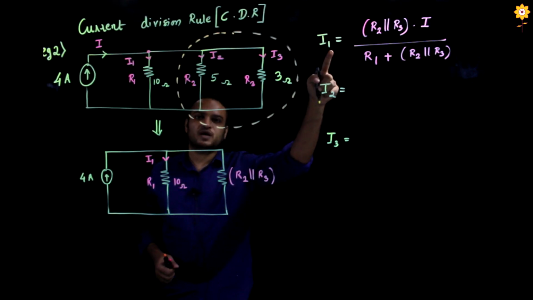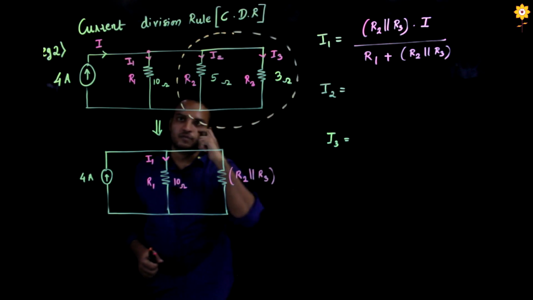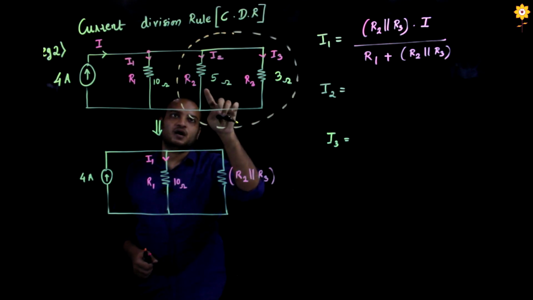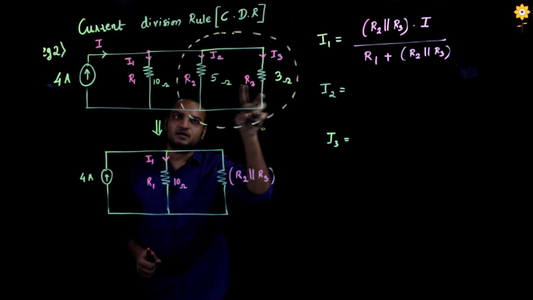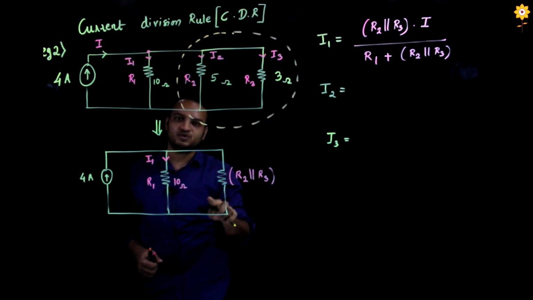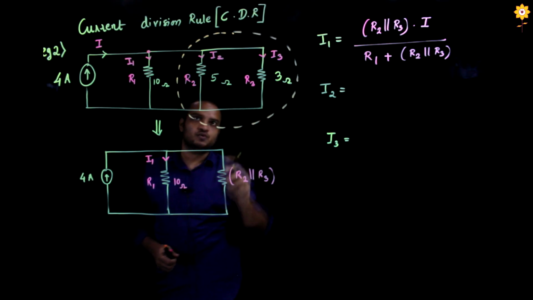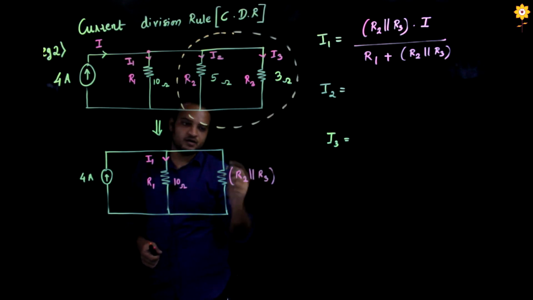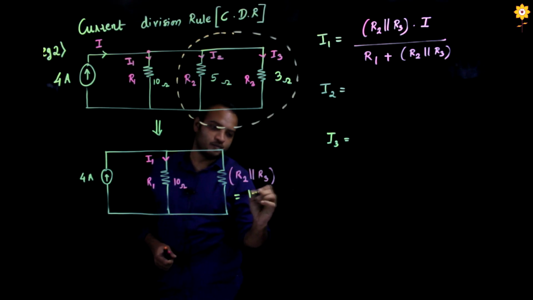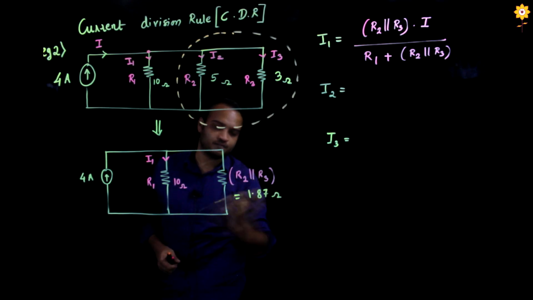Now let's see how to calculate the current I1. For this circuit, R2 and R3 are in parallel, which will get reduced to one resistance. That is 5 parallel 3, which gives roughly around 1.87 ohm.